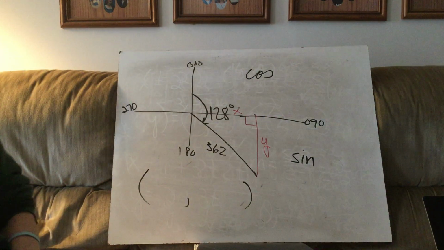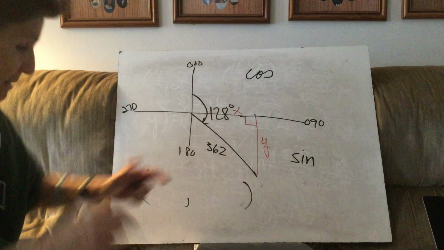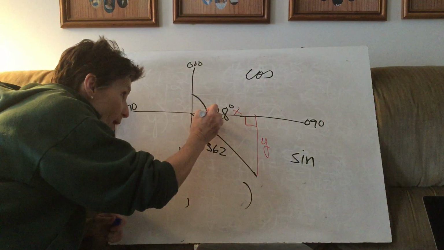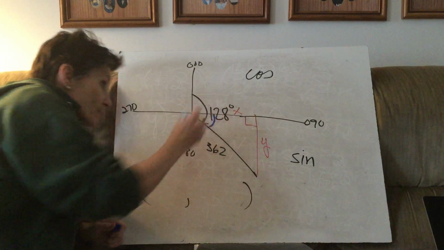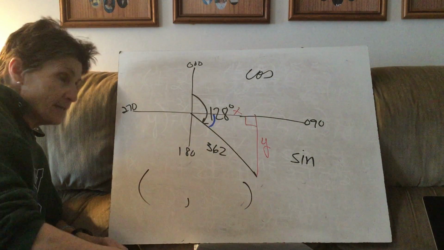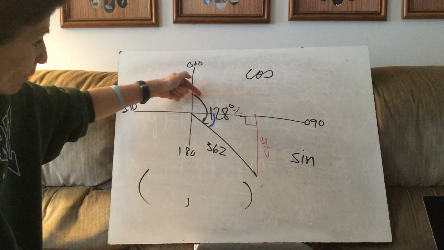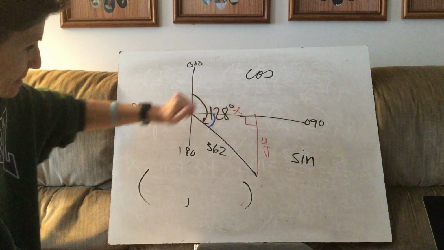Now, we'd be all set if we knew how big this angle was. We need to find this blue angle right here. Now that is easy. If you just think about it for a minute, the whole black angle is 128.